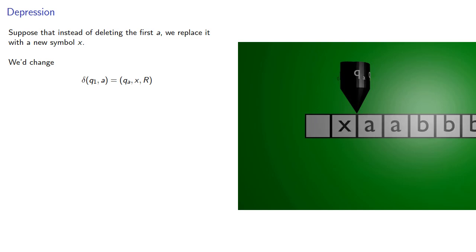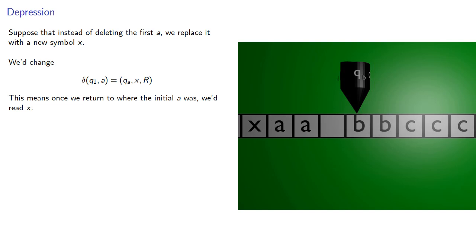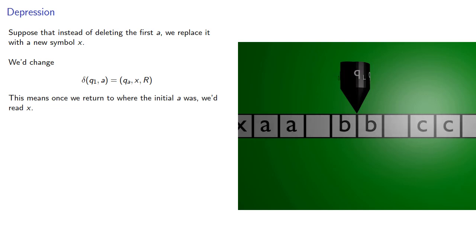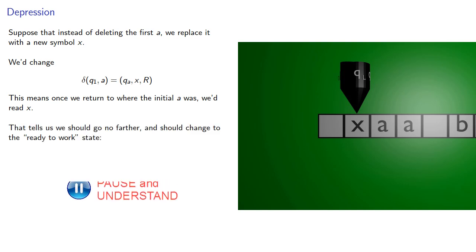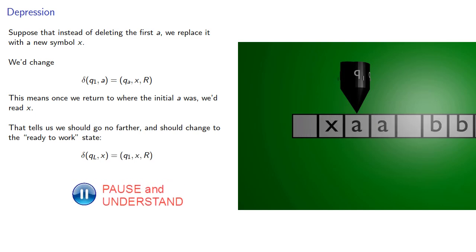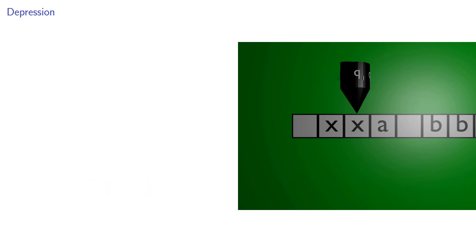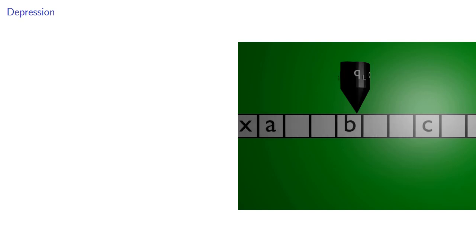This means once we return to where the initial A was, we'd read X. That tells us we should go no farther and should change to the ready-to-work state. So if we're in our move left state and read X, we should change to state Q1, print X, and then move right. And so under our revised move, we know where the string begins, and we can cycle.